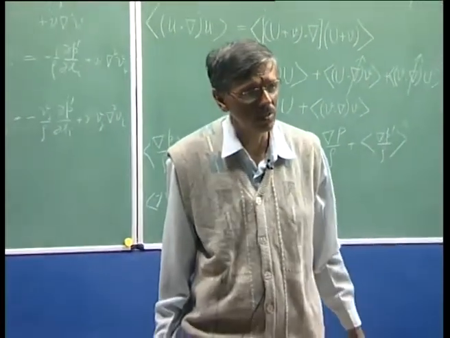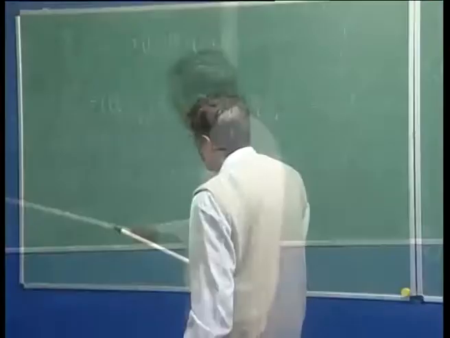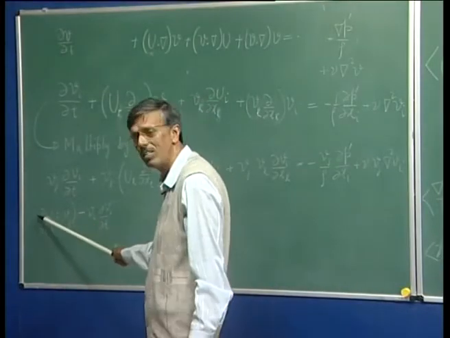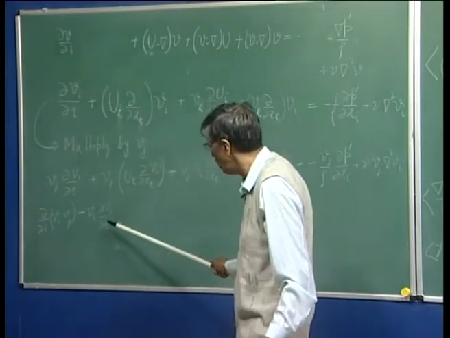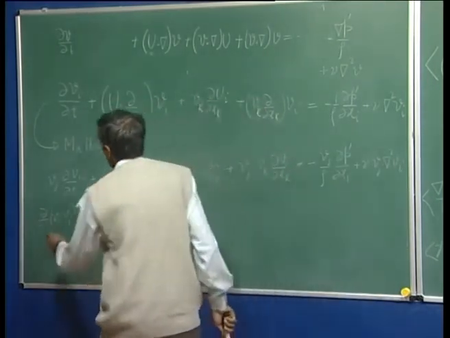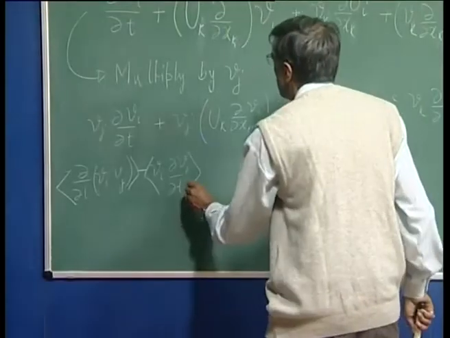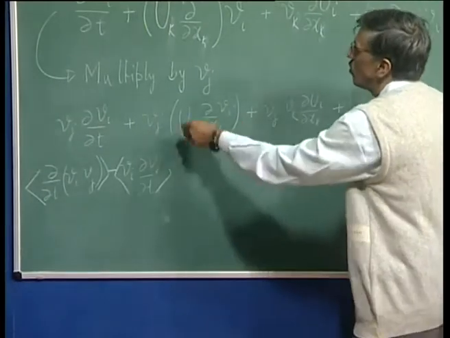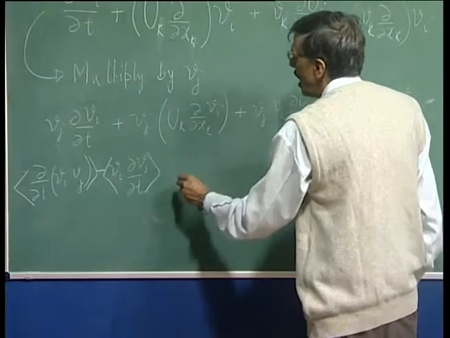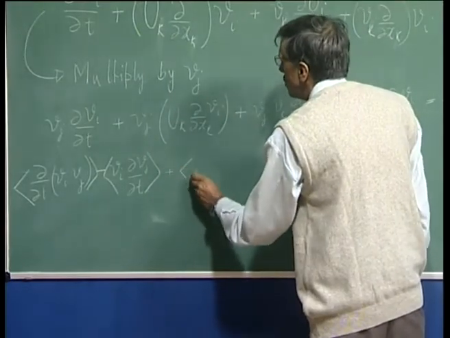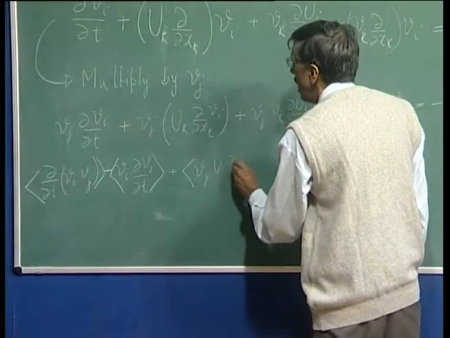This term will not go away, right? That will tell you how the time average of Vi Vj changes with time. So, we will have to talk about this time average minus this time average, and let us say the mean flow is given to us, but still we will have to be performing this Vj Uk del Vi del xk.